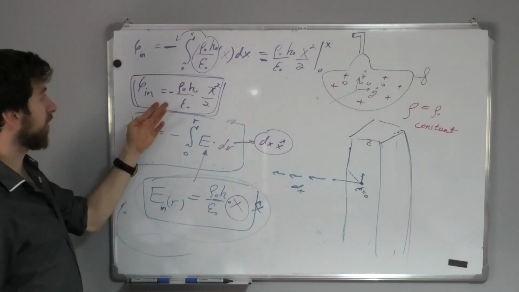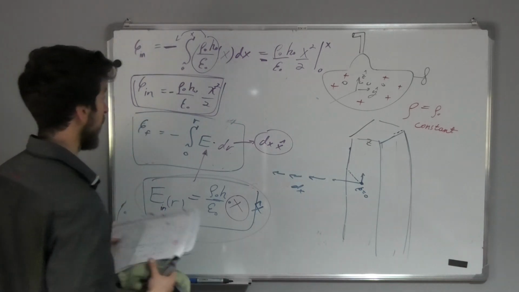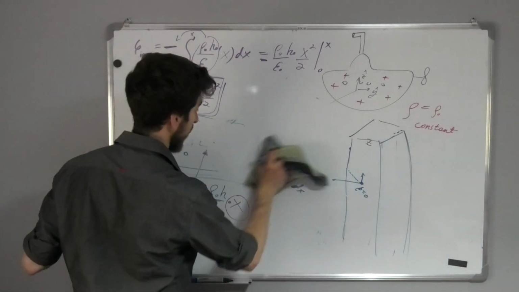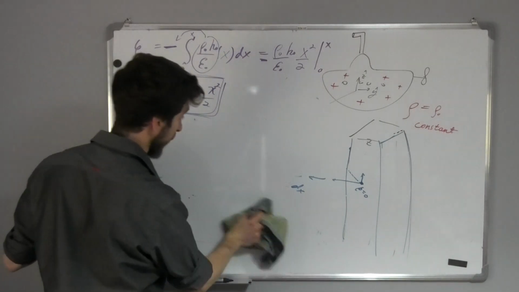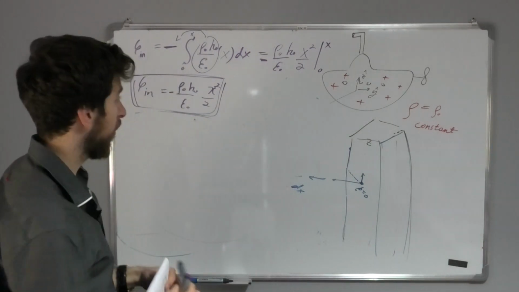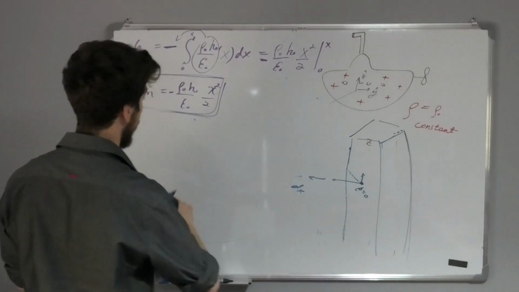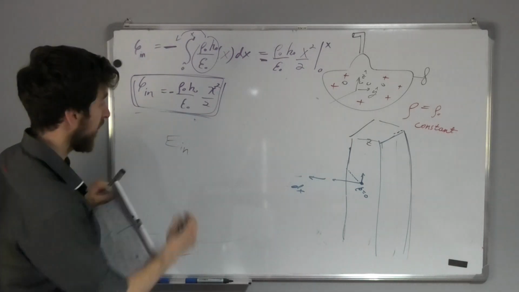Okay, right now we calculated the potential inside of the wall. So what is the potential outside? So let's delete this. To calculate the potential outside of the wall, we already found E in. Right now we need to find E out.